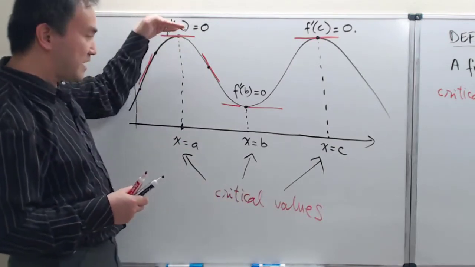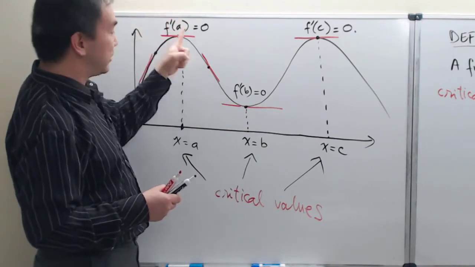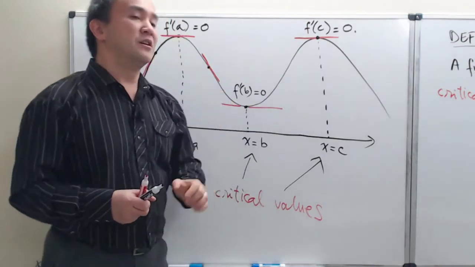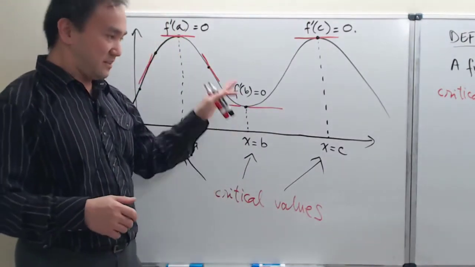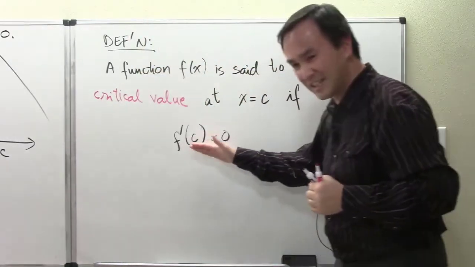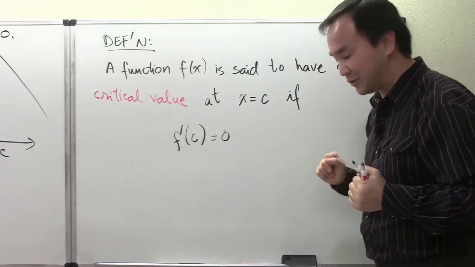What happened at the critical values? The slope of the tangent line was 0, 0, and 0. So yes, this definition is consistent with the explanation we saw earlier through the graphs.